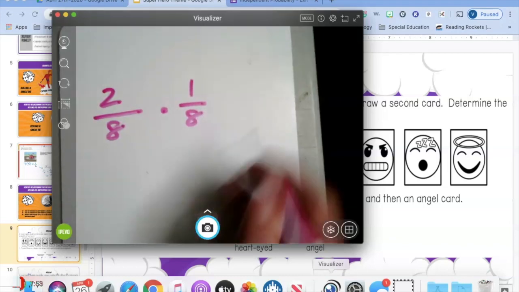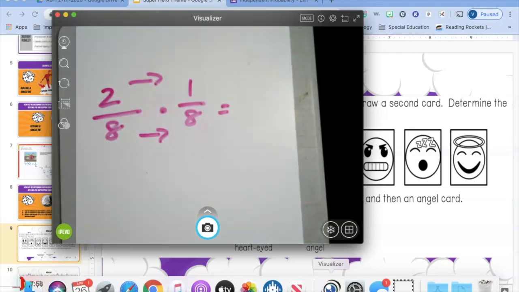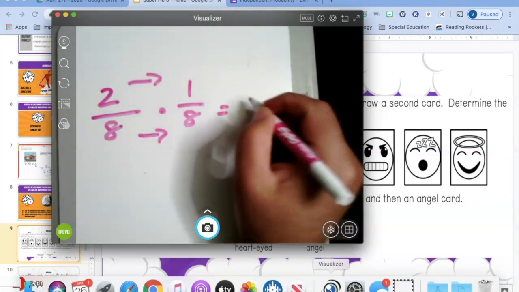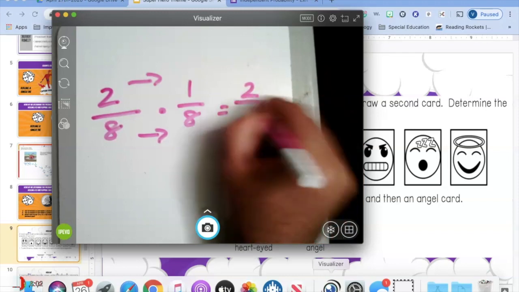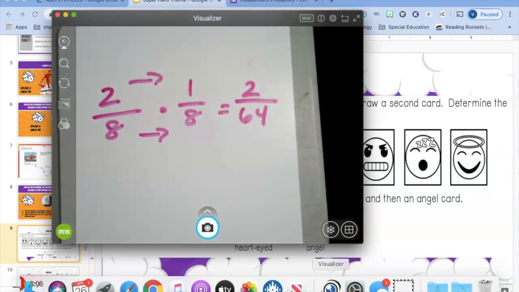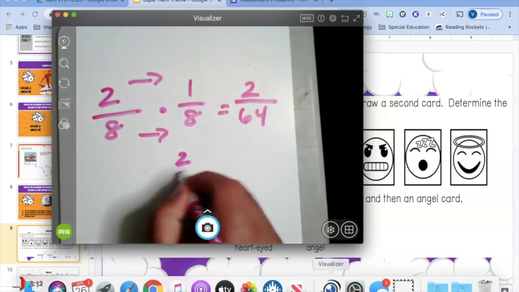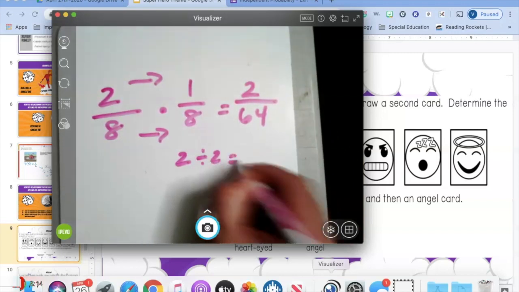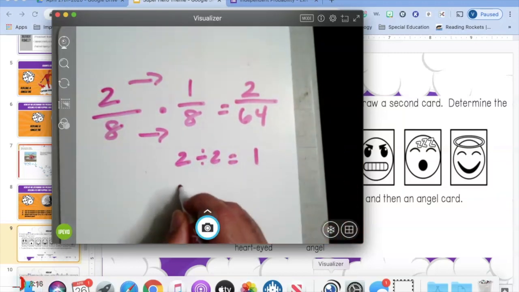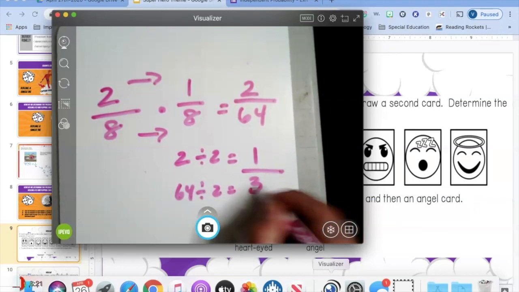So this would mean that to find the probability of both, I would have to multiply. 2 times 1 is 2. 8 times 8 is 64. Now, if I wanted to simplify that, I could divide both of these by the number 2. 2 divided by 2 equals 1, and 64 divided by 2 equals 32.